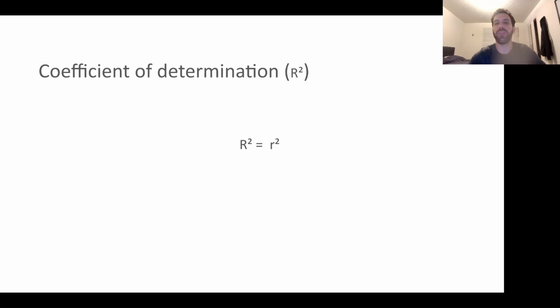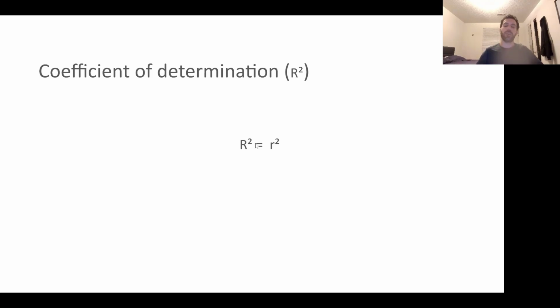But the truth is that the coefficient of determination, also known as R squared, now this is a capital R as opposed to the little r we use for the coefficient of correlation, is actually equal to the coefficient of correlation squared. So you take your correlation coefficient, you square it, and you get your R squared.